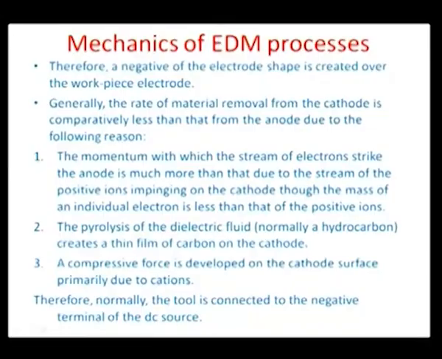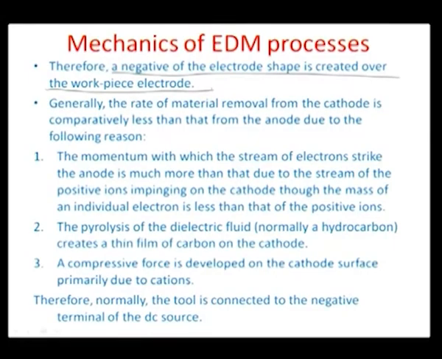Today we will look into a little more depth about the various issues regarding the EDM process. So, as I have already illustrated before, a negative of the electrode shape is created over the workpiece electrode. So, this is also the same die sinking operation as happens in any other non-conventional process like ECM.